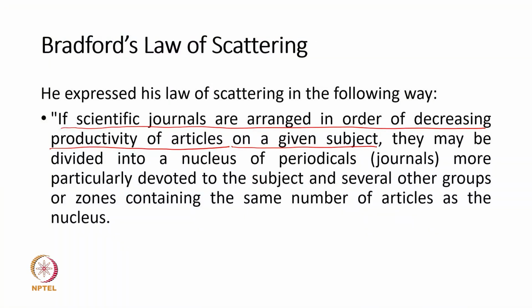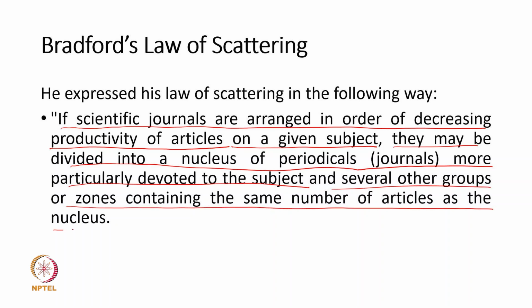On a given subject, they may be divided into a nucleus of periodicals or journals more particularly devoted to the subject, and several other groups or zones containing the same number of articles as the nucleus.